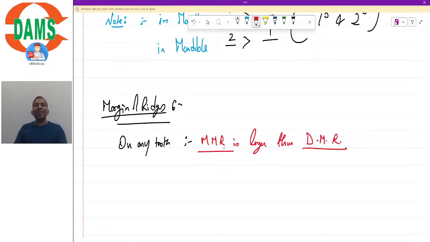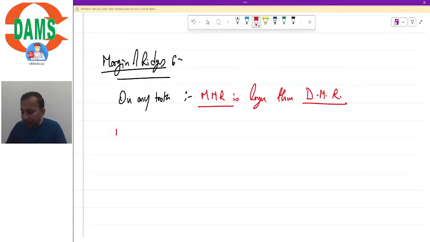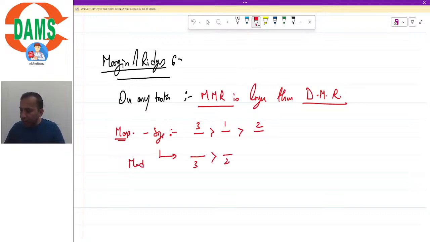Now, when you compare these teeth with each other, what you would notice is the sequence would be same. In maxilla, when you compare the size, it would be canine, followed by central, followed by lateral incisor. For mandible, it would be canine, followed by lateral, followed by central.